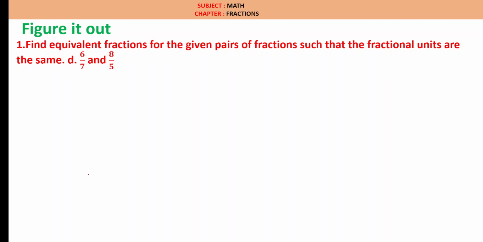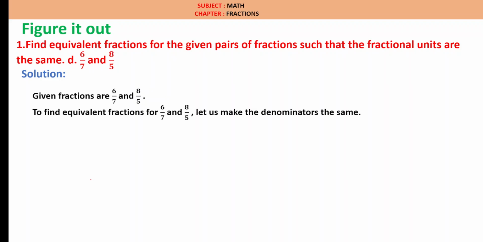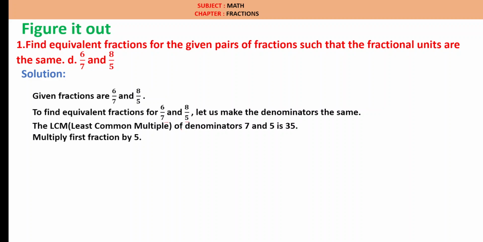Let us see subsection D. The given fractions are 6 by 7 and 8 by 5. To find equivalent fractions, we have to find the LCM of 7 and 5. LCM of 7 and 5 is 35. So, let us multiply the first fraction by 5, both the numerator and denominator. Therefore, 6 by 7 is equal to 6 into 5 divided by 7 into 5.